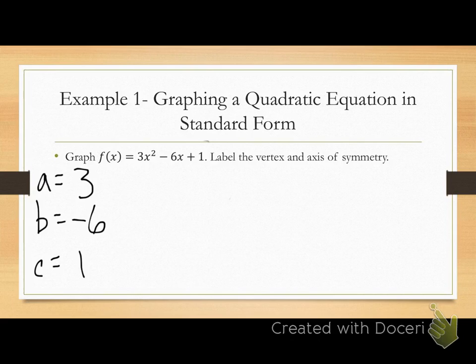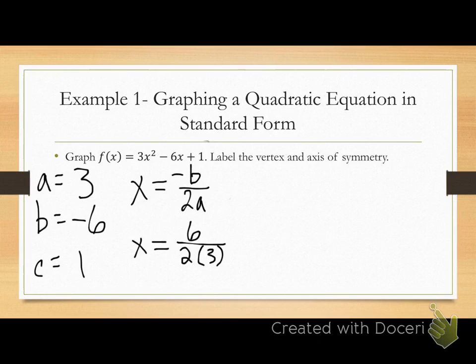Okay, let's find our axis of symmetry using our formula. X equals the opposite of B over 2A. What would be the opposite of my B value? Negative 6, so 6. What's my A value? 3.